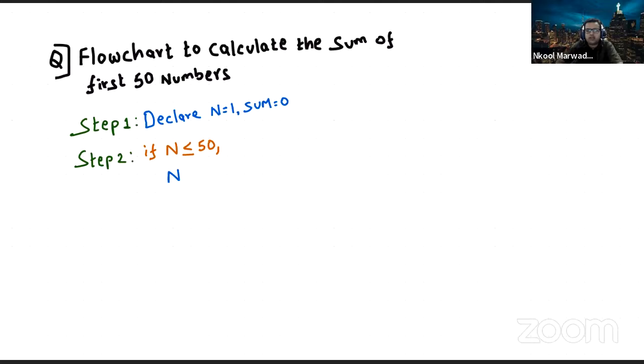Sum is equal to sum plus n, and n is equal to n plus 1. Otherwise, step 3. Once this loop logic is done, I will straight away print the sum. I will print the sum.